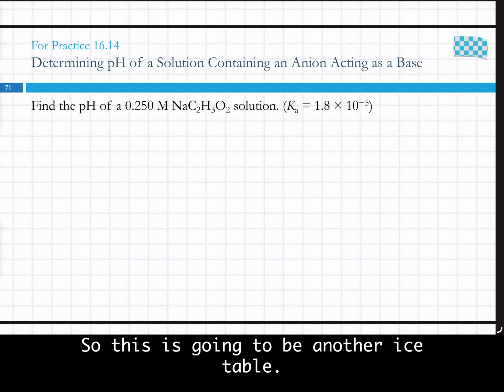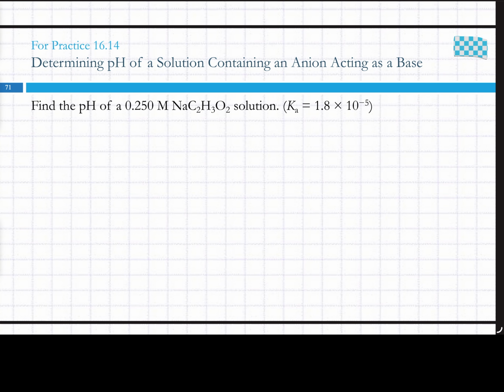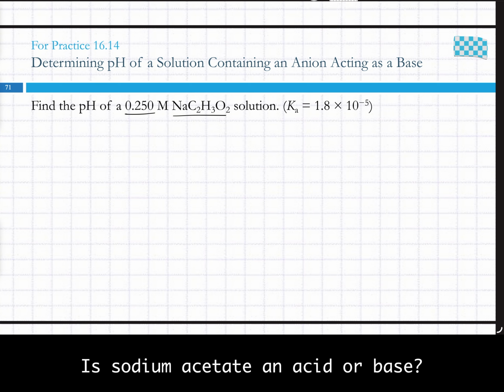Okay, so this is going to be another ice table, but there is at least one tricky thing here. It's asking us to find the pH of a 0.25 molar solution of sodium acetate. Is sodium acetate an acid or a base?